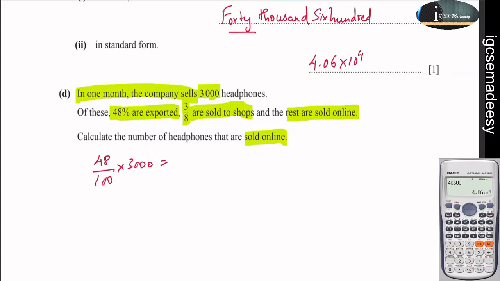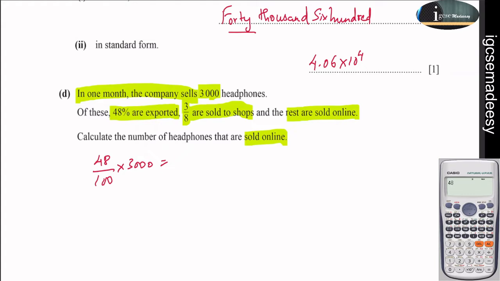Let's find out what that is. So 48 divided by 100, times 3000 gives you... because the mode is in scientific, we have to change that mode. We'll clear that, shift clear, and 3, equals, so now the mode changes.